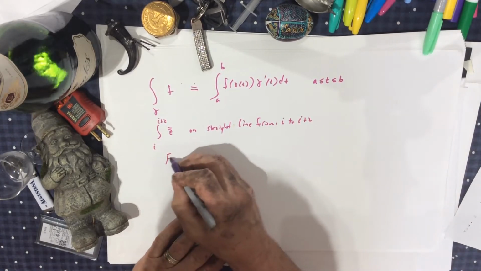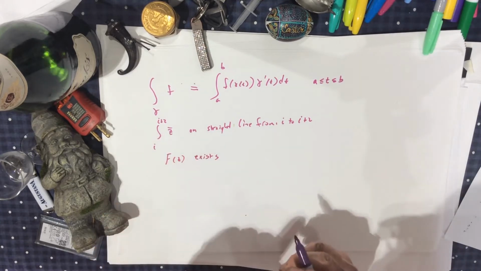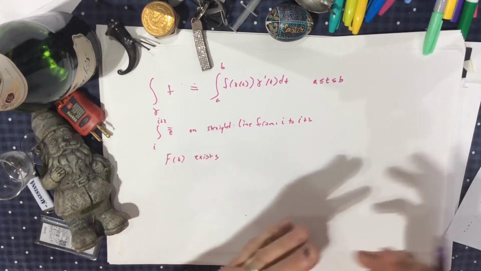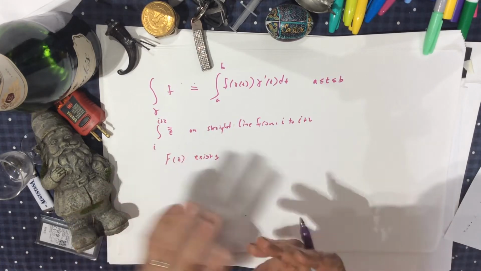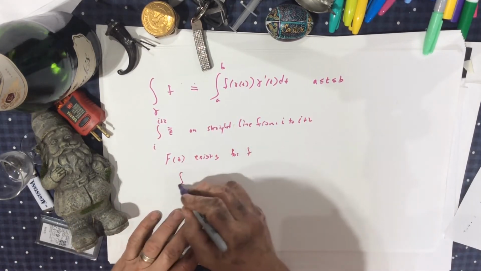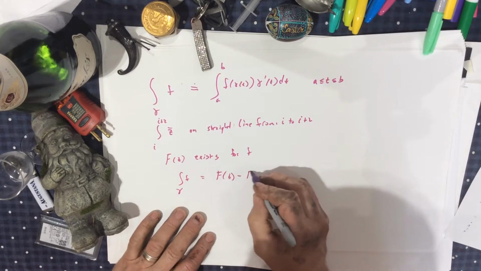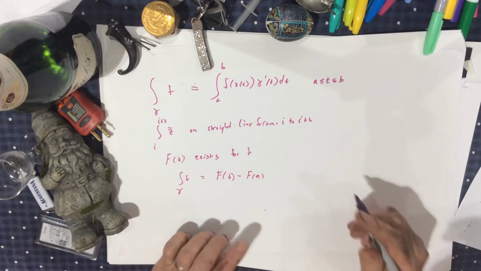Now, when an antiderivative F of f of z exists, then all of a sudden something like this becomes easier. It's like the fundamental theorem of calculus, but z bar isn't that kind. But if we have a function F and we have a gamma, well, then it becomes the simple difference of the endpoints, and this is just wonderful.